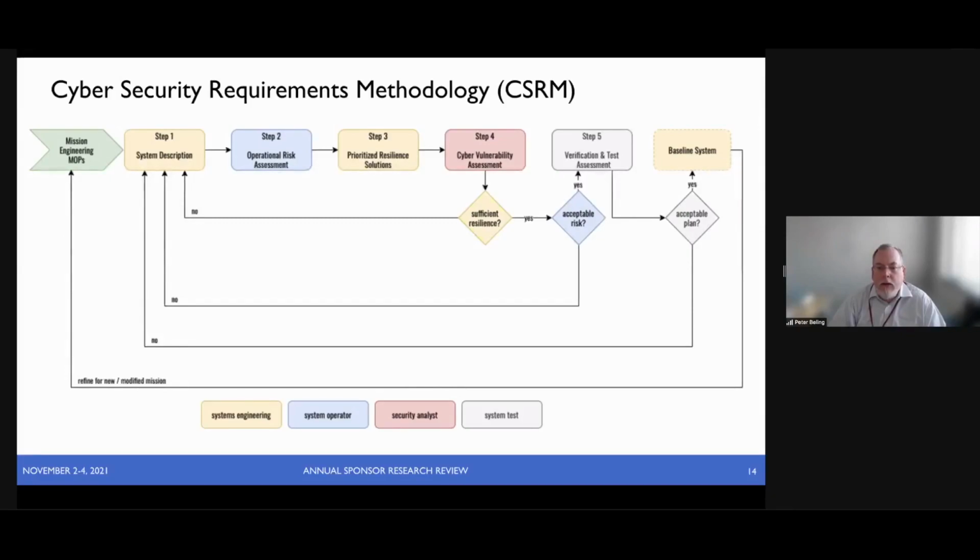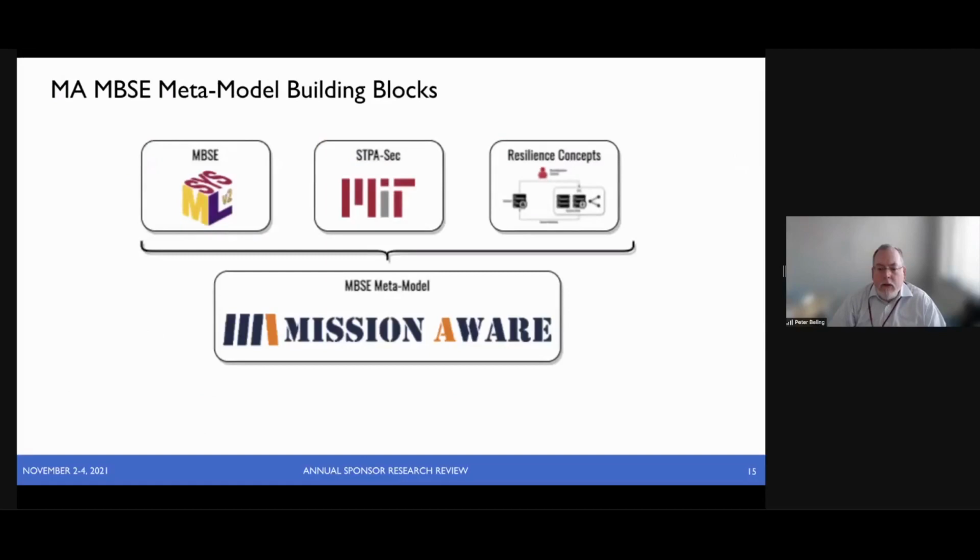So next slide, please. So what's supporting the CSRM? The answer is it's something that we call mission aware. Mission aware is a concept that folds together a number of different elements.